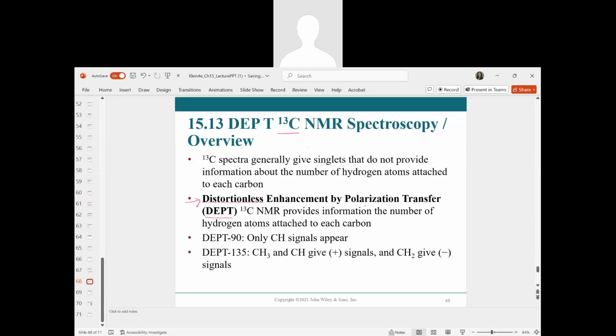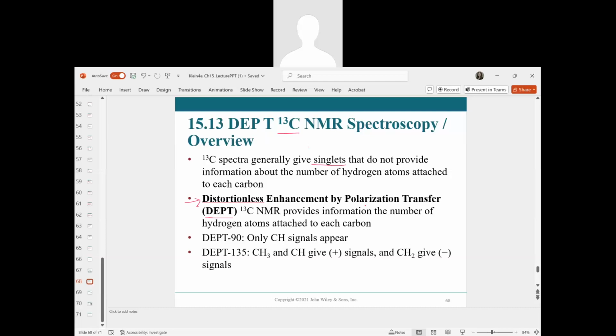And we know that with carbon-13 spectra, we would have these decoupled spectra produced, and this gives rise to singlets that really do not provide any information about the number of hydrogens attached to each carbon.